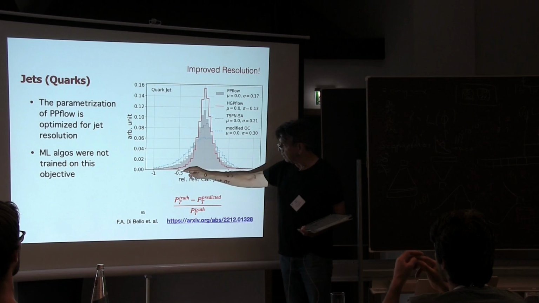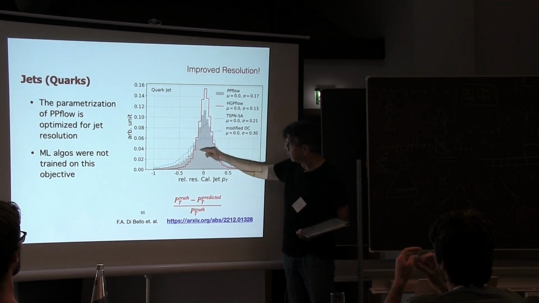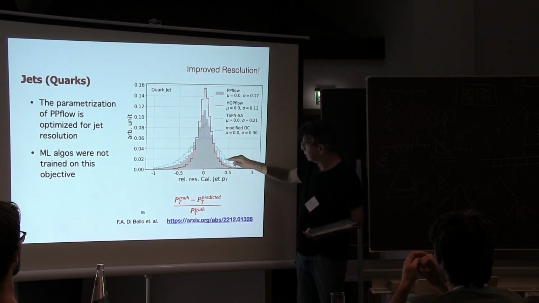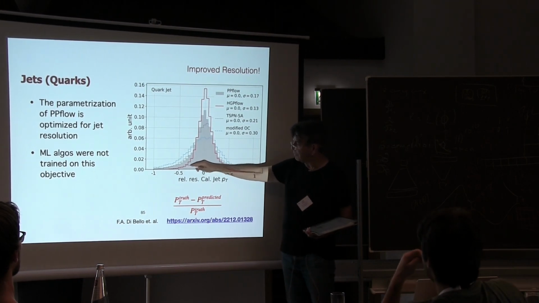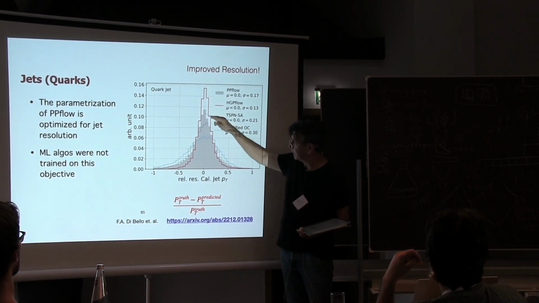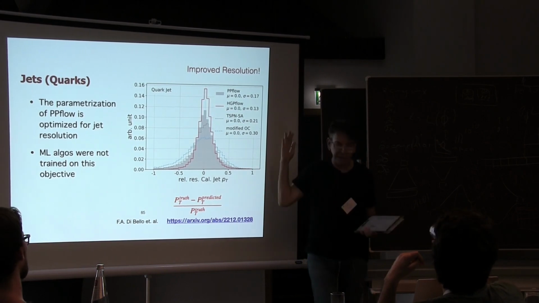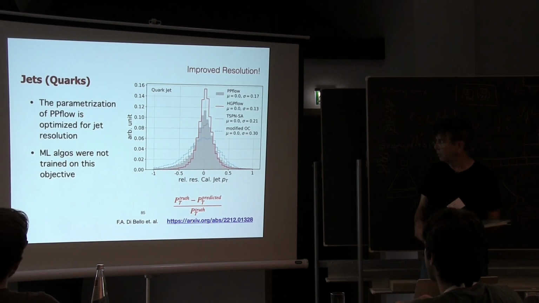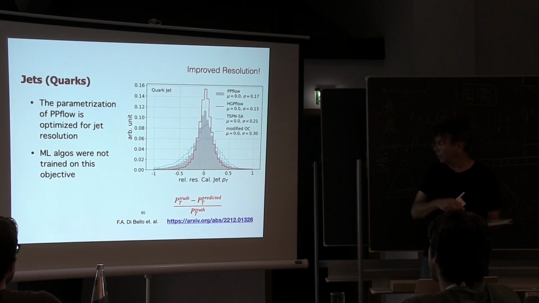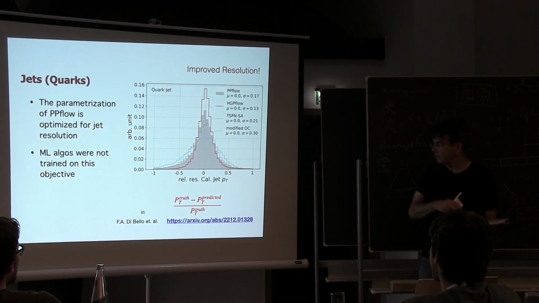The particle flow, the classical, is the shaded gray. The hypergraph is taking the lead by walking very easily. Much, much better, much better. Also than TSPN, easily. It's really good.